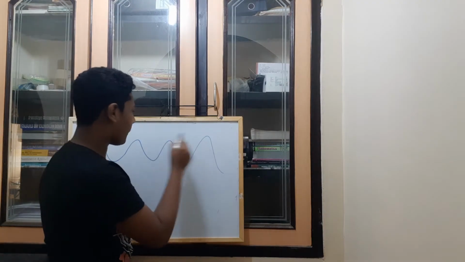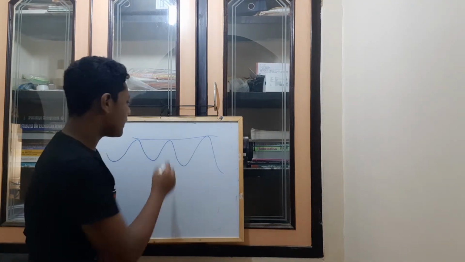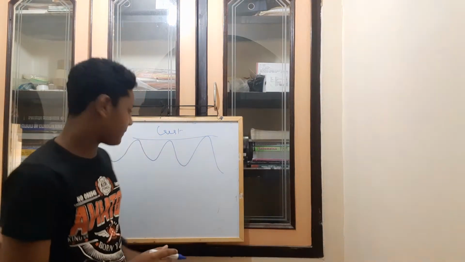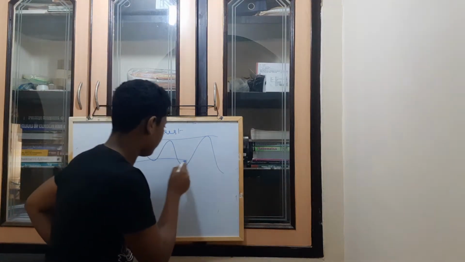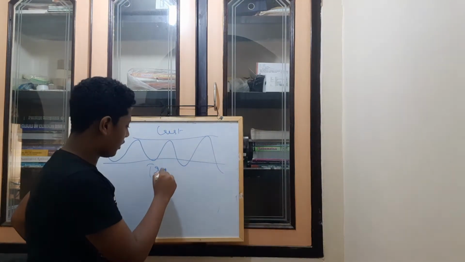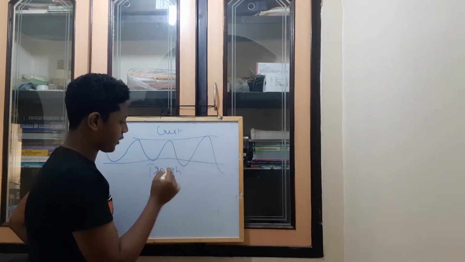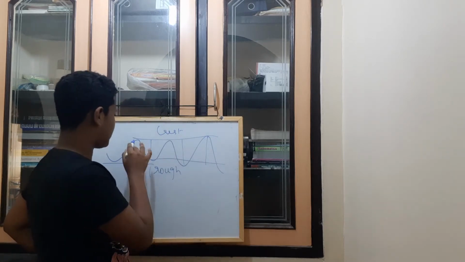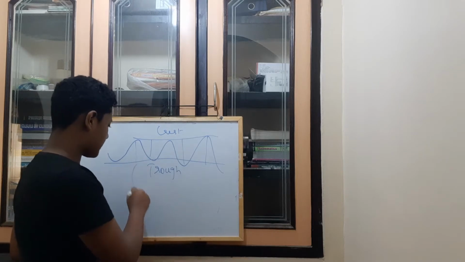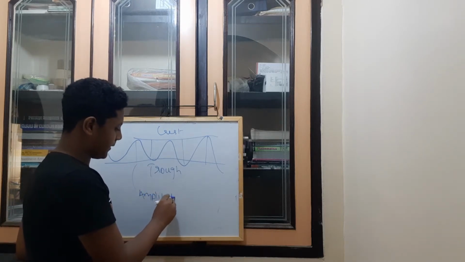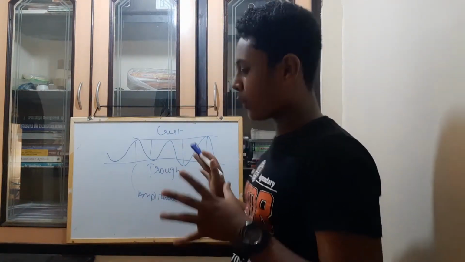This top part is what you call the crest, C-R-E-S-T, and this bottom part is what you call the trough, T-R-O-U-G-H, and this part is called the amplitude, A-M-P-L-I-T-U-D-E. So this is basically what a wave looks like.